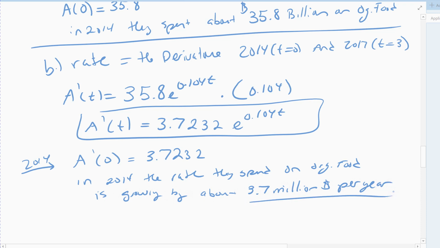So in 2014, the American people as a total were increasing their spending on organic food by $3.7 million per year.